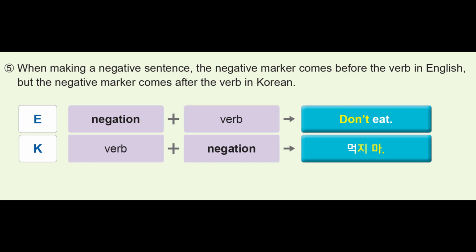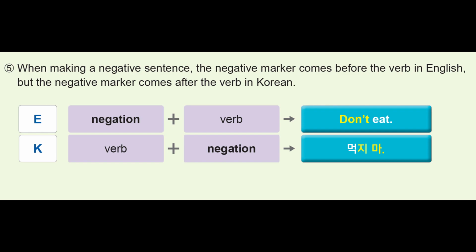However, guess what happens in Korean? Yep, the not part of the verb comes after the main verb, at the very end. English, negation plus verb. Don't eat. Korean, verb plus negation. Eat, don't.